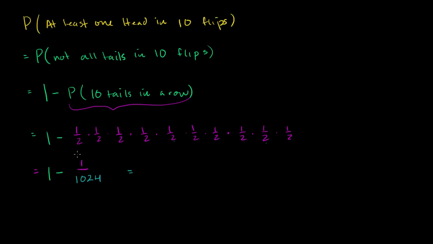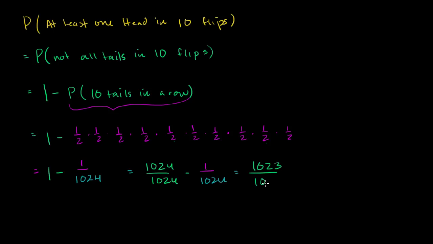This is the exact same thing as 1024 over 1024 minus 1 over 1024, which is equal to 1023 over 1024. We have a common denominator here.